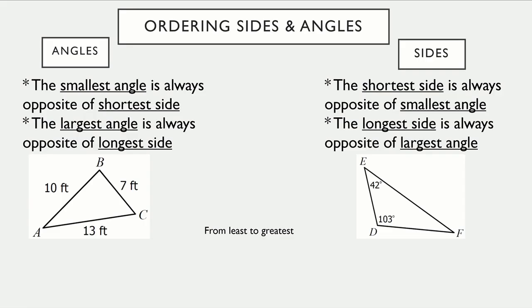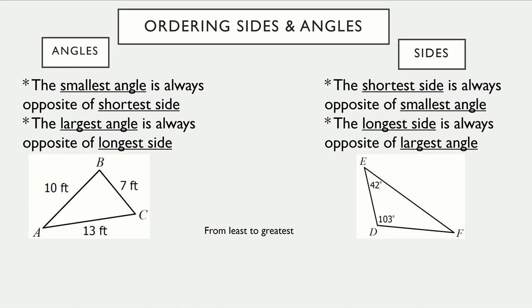All right, so there's another thing. It feels like common sense, but we're going to go ahead and make it concrete. If we're trying to order angles or sides, understand that the relative size of each side is going to be relative to the angle.